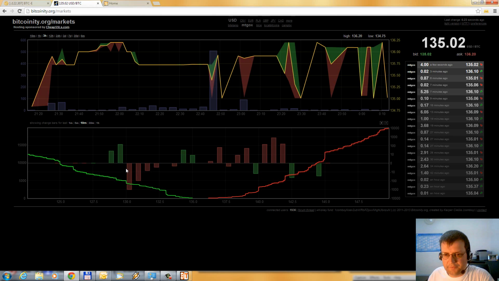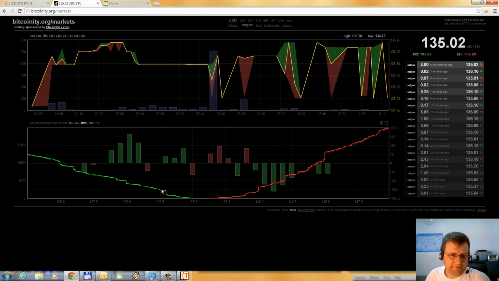On the left side, these red ones are removed bids, so the removed bids will make this green curve flatter. So if this green curve gets flat, then it's likely that the price will go down.